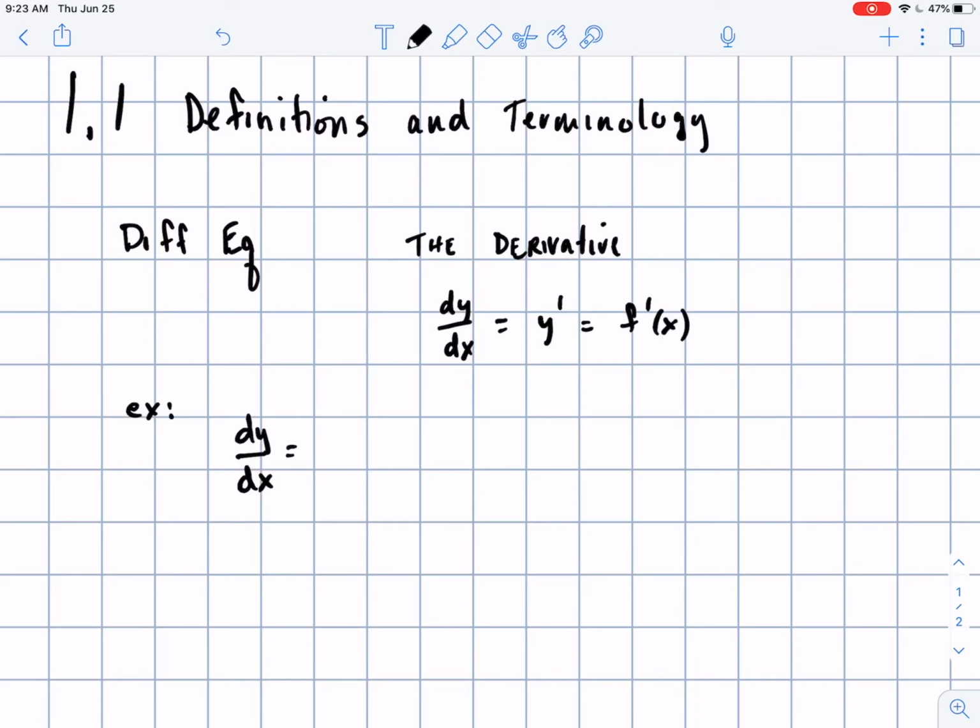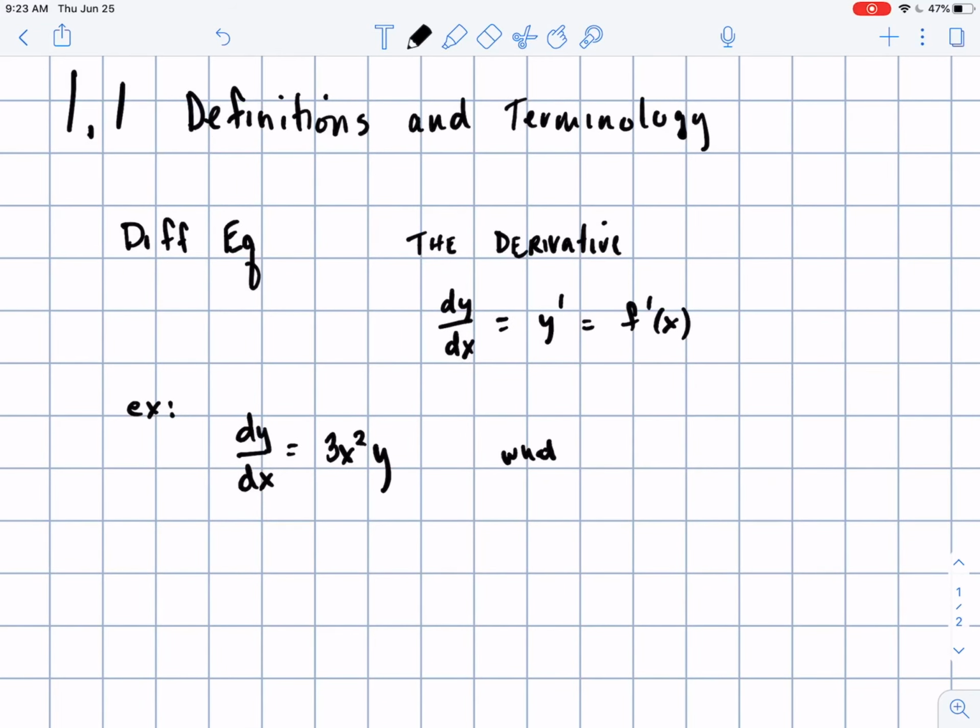Let's say 3x squared y, and our goal is to find what is a function that can be represented by y.